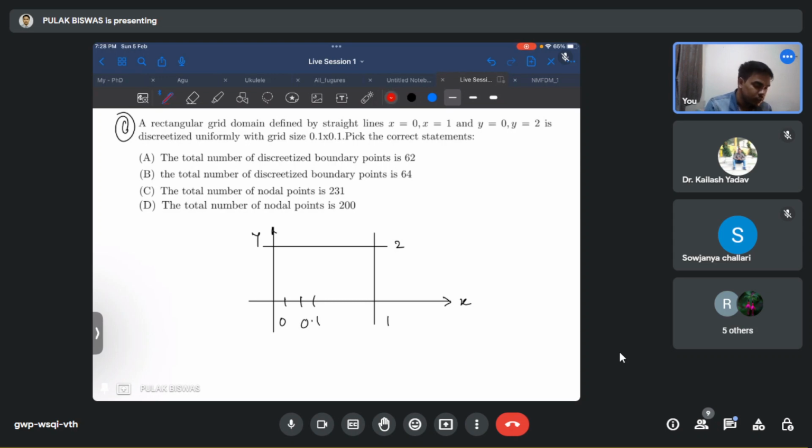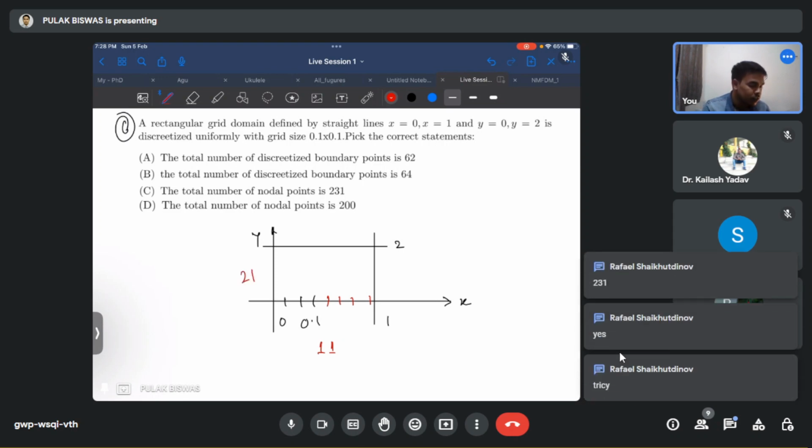So if you divide like this, 11 points are coming on this side, and here it is 21. So yeah, 11 times 21. This is the correct answer.